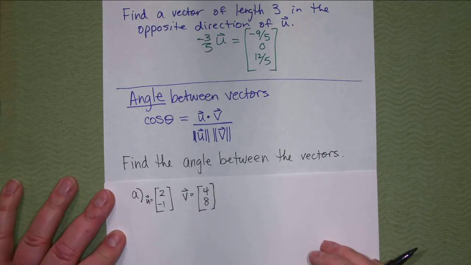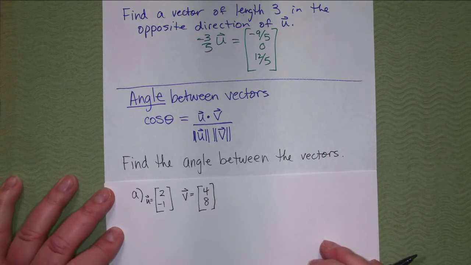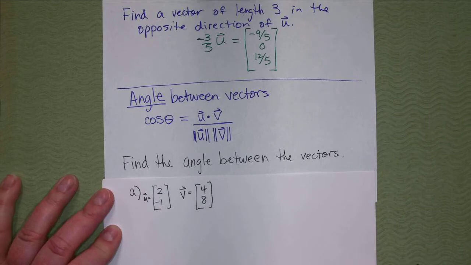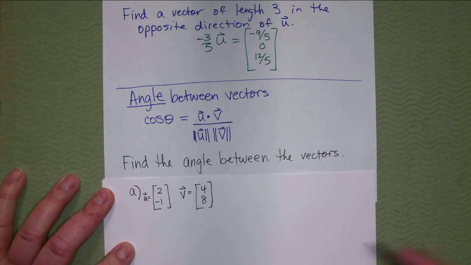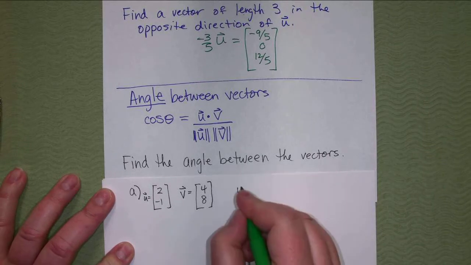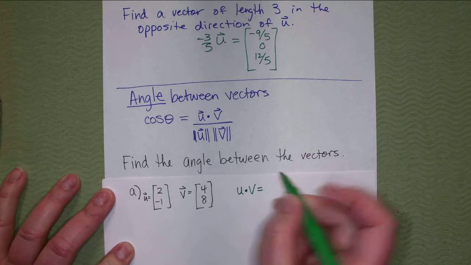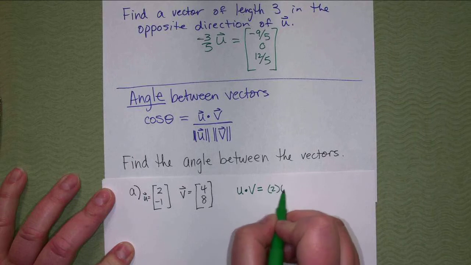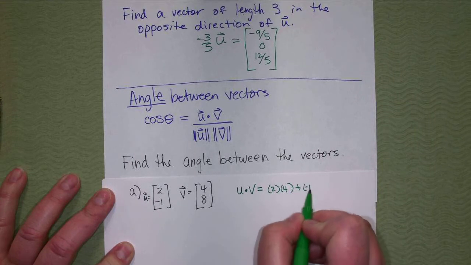Okay, so U is 2, -1, and V is 4, 8. So we need the dot product and the length of each. So U dot V would be 2 times 4 plus a -1 times 8.